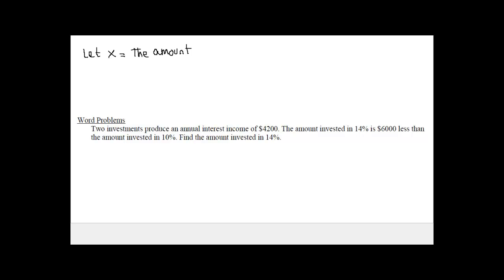So we're going to let x equal the amount invested in 10%, then the amount invested in 14% would be 6,000 less than that.